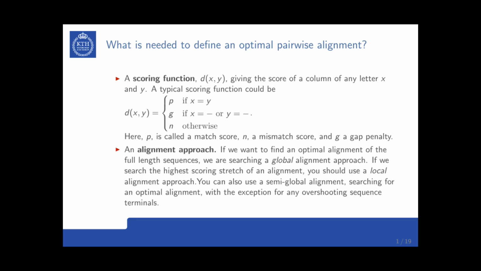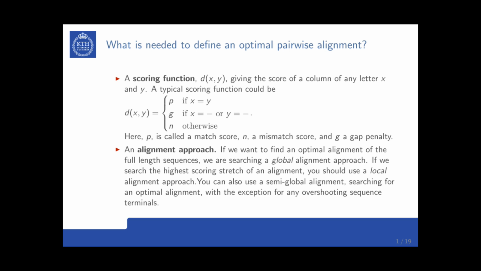You also need an alignment approach. If you're interested in aligning the full-length sequences to each other and getting the most optimal alignment from the full-length sequences, then you are searching for a global alignment. If you instead just want to find the highest scoring stretch of an alignment, then you are looking for a local alignment approach.